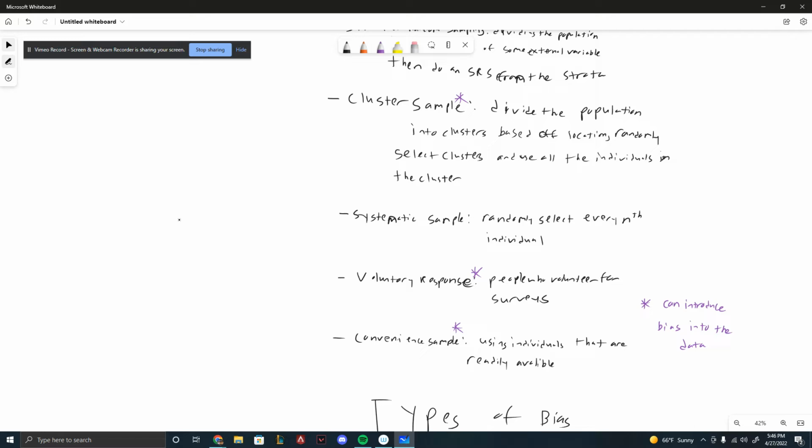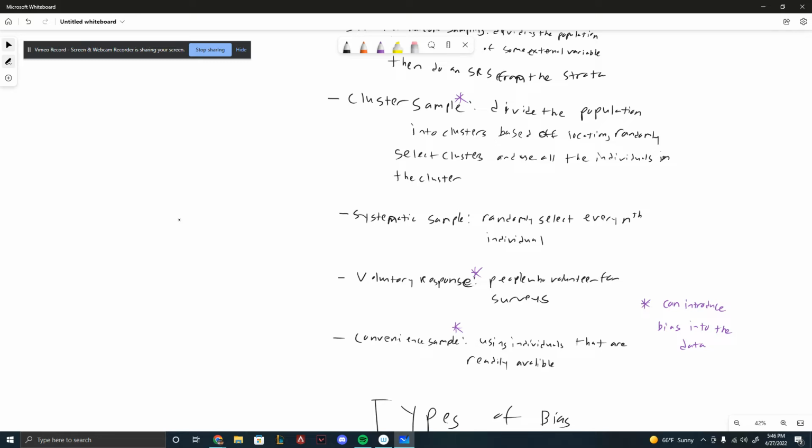So for your voluntary response, you could be completely ignoring a group of people who just don't want to take the time to do your online poll. That's not your fault at all. That's the difficulty of stats: trying to get good data, but in the end there's not a whole lot you can do. But I'm going to tell you what you can do. That's what this video is about.